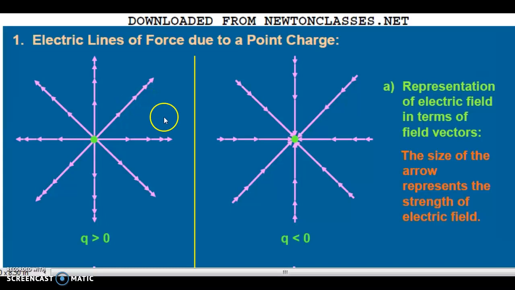The same is the story on the right hand side diagram as well. So all those points which are at equal distance from the charge will have equal magnitude of electric field and equal electric potential, or equal voltage. So all such points are called equipotential points. We will speak about equipotential points later on.